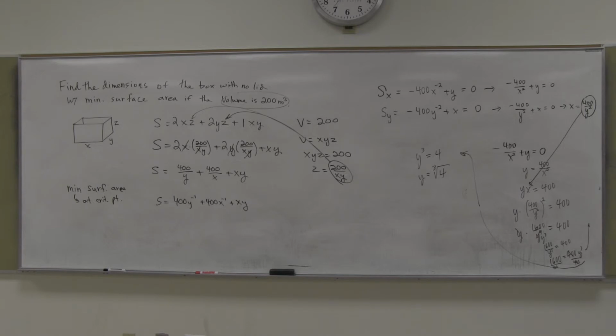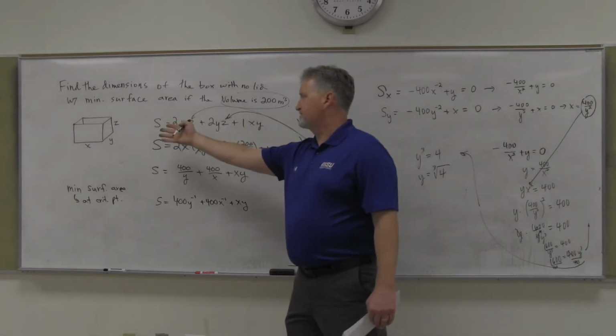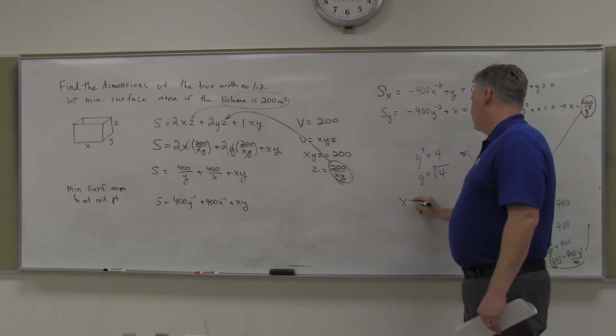Probably what I wouldn't have guessed starting off, but maybe you would. Cube root of 4. That would be the y value that minimizes the surface area. The x value, well, x is 400 over y squared.